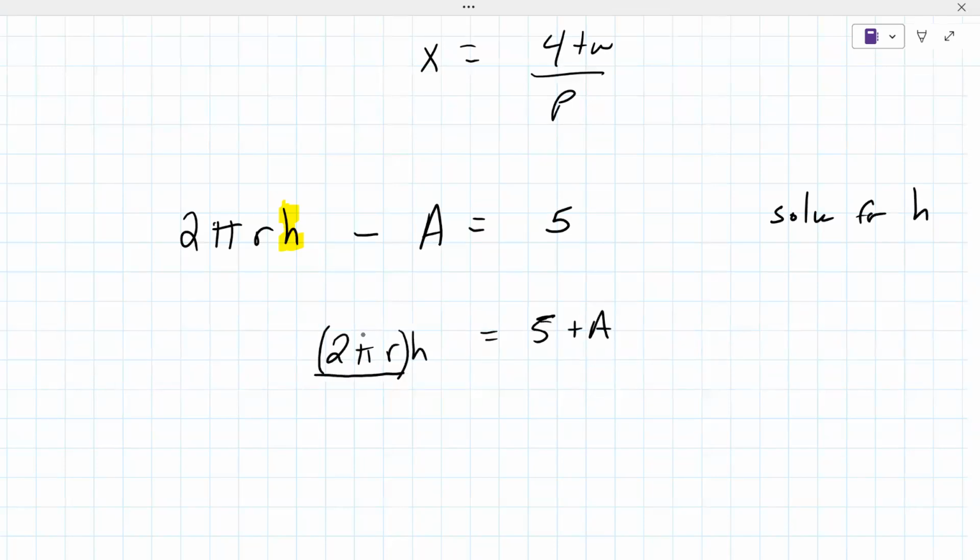So 2 pi r. h equals 5 plus a over 2 pi r. That's your answer. Yes, that's it. That's your final answer.